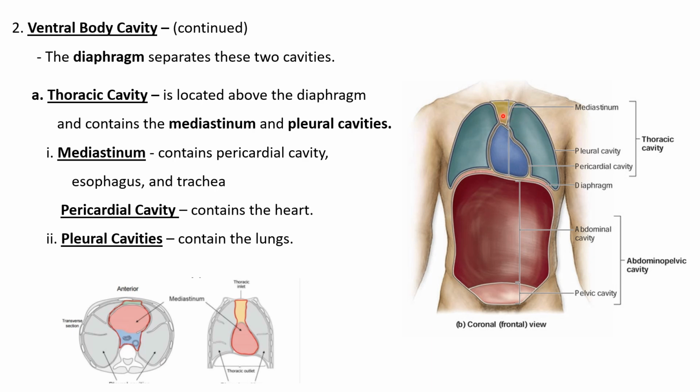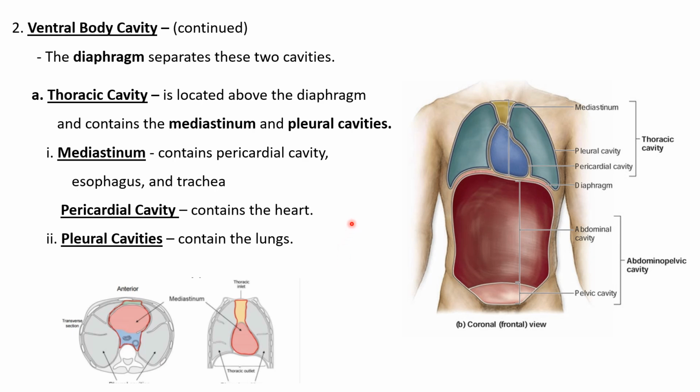And then up here above it has the esophagus and the trachea, and they actually run back behind there. Well, the trachea just runs here and branches, but then the esophagus runs down there. So the thoracic cavity contains the mediastinum and the pericardial cavity.